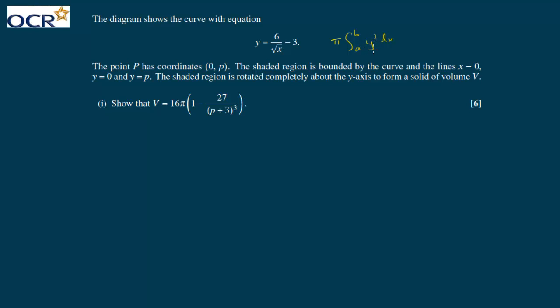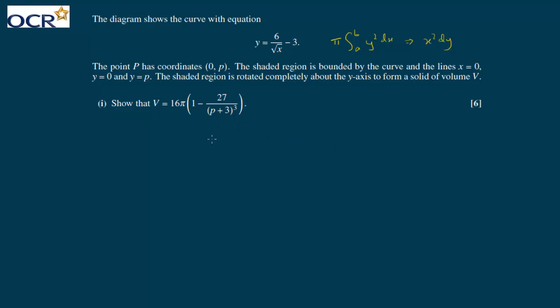Well, we're simply replacing y with the equation for y, so in this case that's this part here, and then integrating that with respect to x. But that's for around the x-axis. When you go around the y-axis, we want it to become, well, that's right here, x squared dy. So we need to rearrange that.